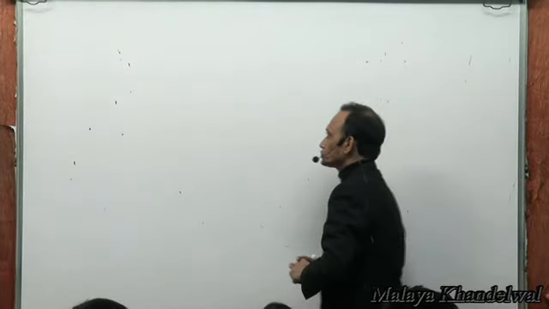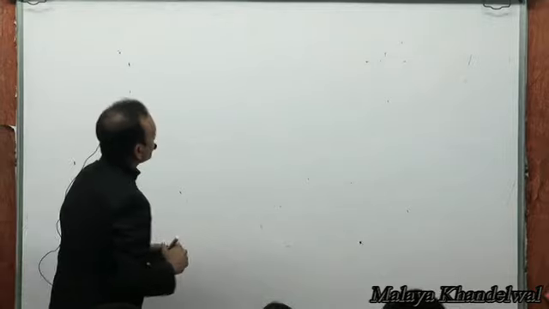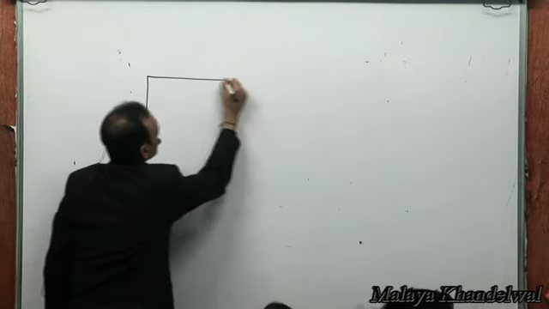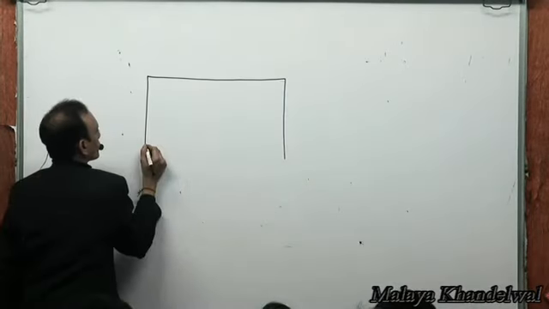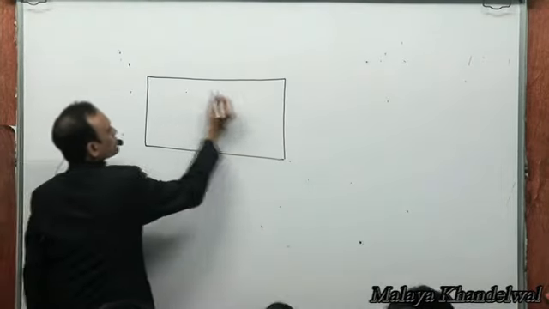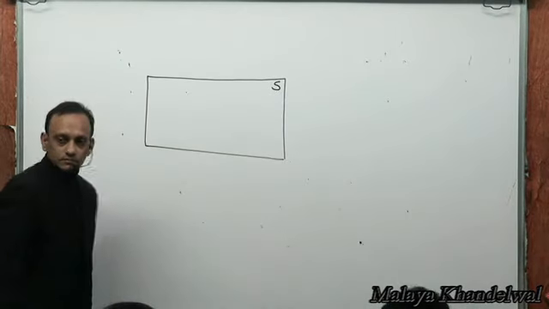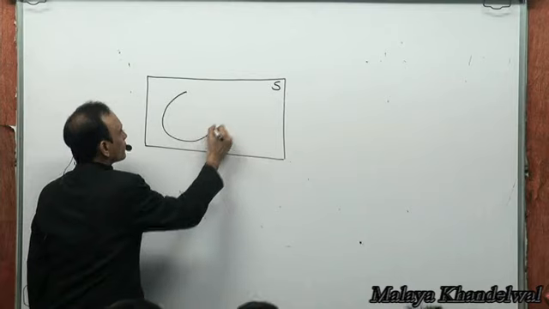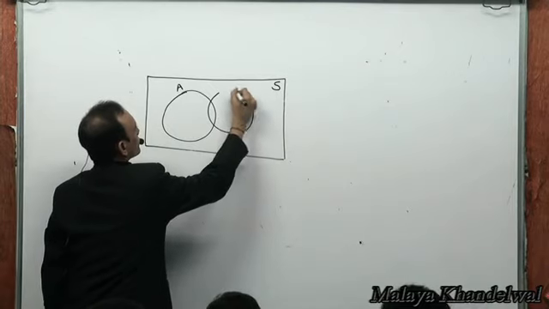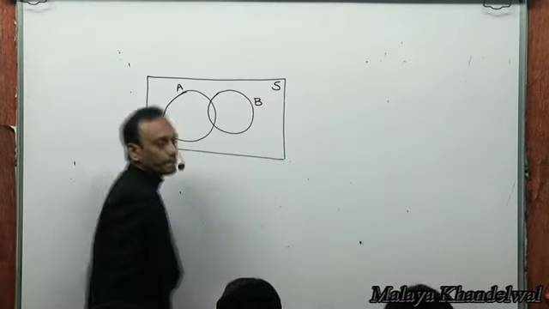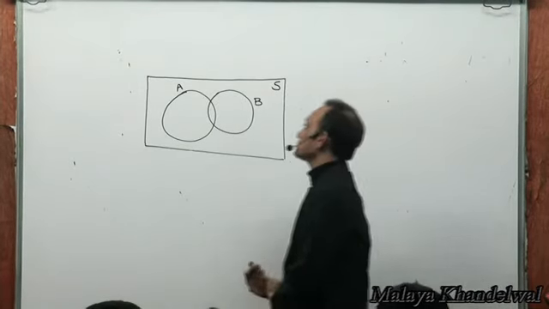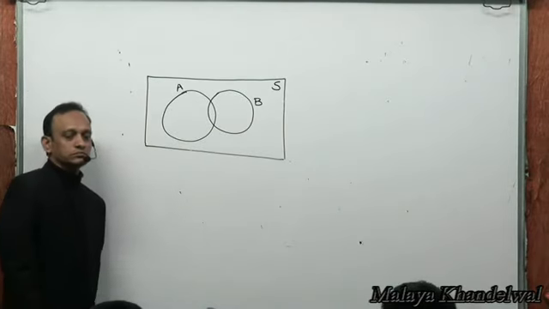Now, suppose this is a sample space S. This is a set A. This is a set B. These are two events, A and B, right?